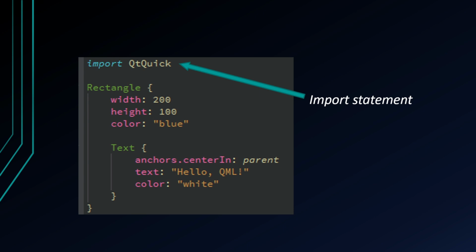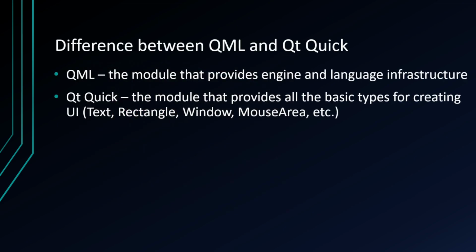As I said before, Rectangle and Text are items that help you build your UI. But these items actually come from Qt Quick. And firstly, you should import Qt Quick in your code in order to use them. The conclusion that comes out of this is that QML is a module that provides the engine and language infrastructure.